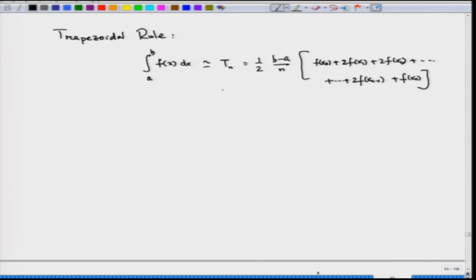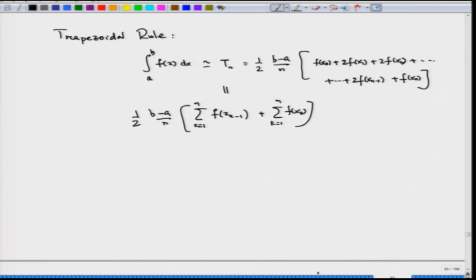In other words, this is also equal to 1 by 2 times (b minus a) by n times the summation over k from 1 to n of f of x k minus 1, plus the summation over k from 1 to n of f of x k.